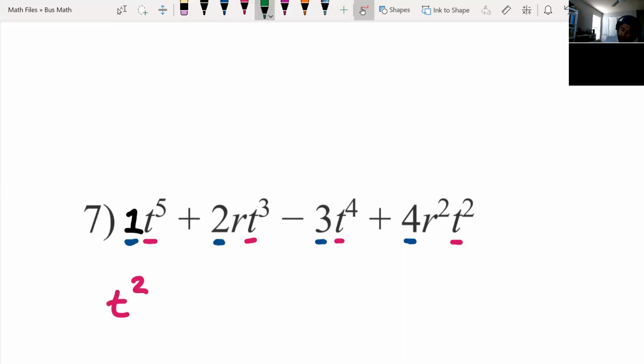And then we look at our r's. There's no r here, but you have an r here. There's no r there, but we have an r there, which means we cannot factor out an r. So our only common factor here is just t squared. So now, if I take t squared from t to the fifth, what are we left with?